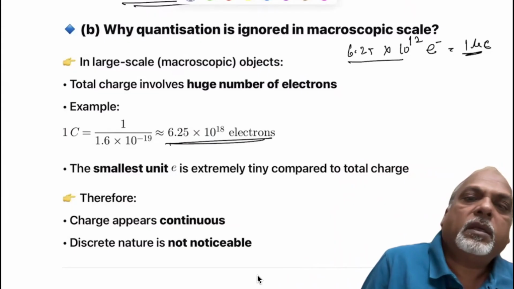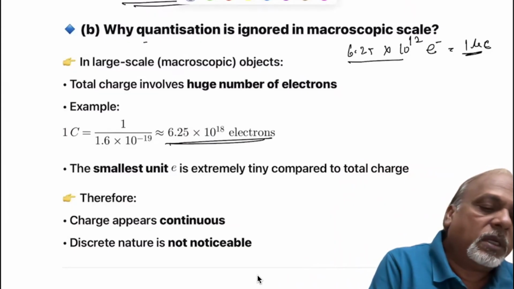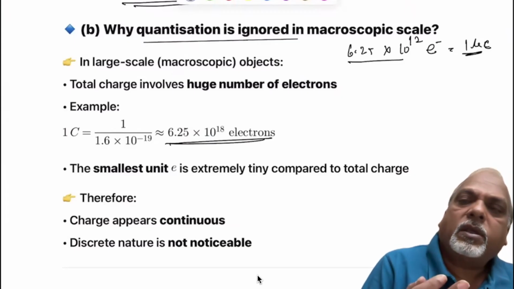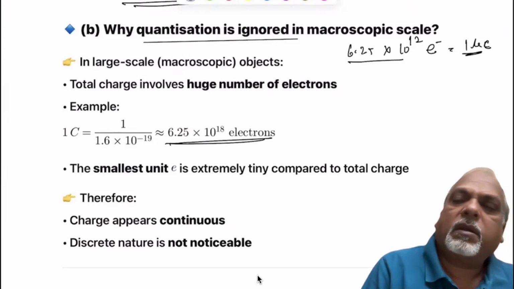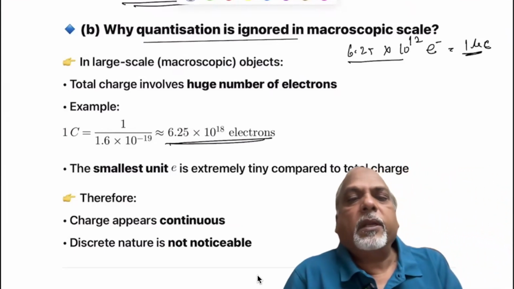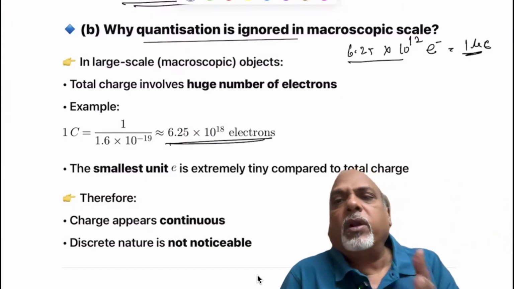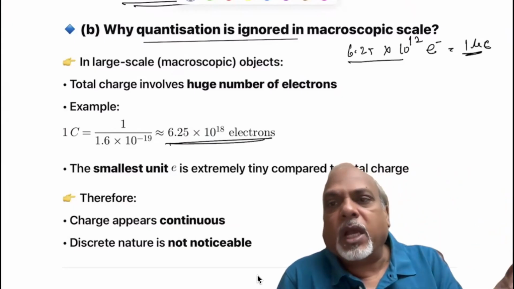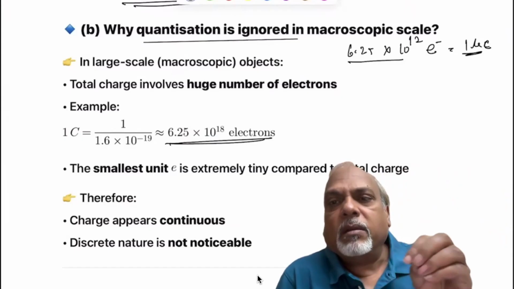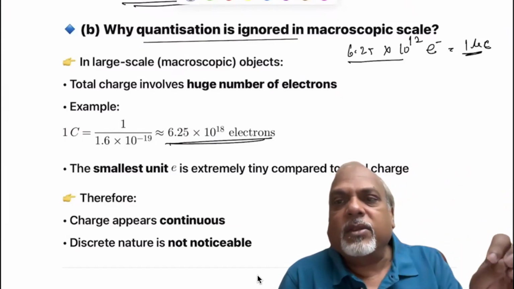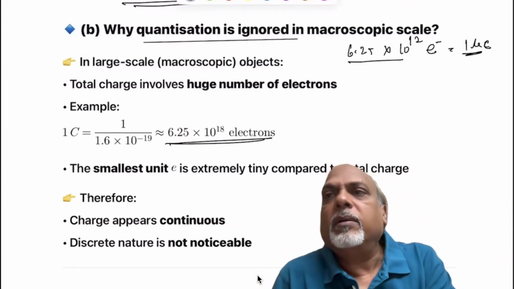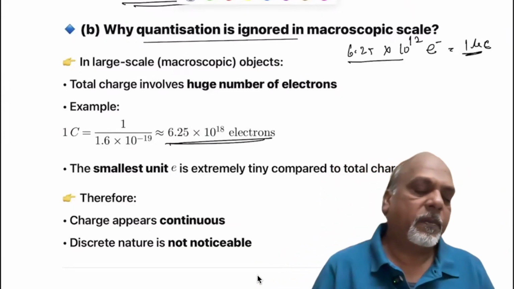That's why quantization, or you can say graininess of the charge, is completely ignored. It appears continuous, like your water appears continuous. With this quantity, if the charge moves, you cannot see the graininess of the charge. It will look like a continuous flow. Correct? So this is the meaning of this.